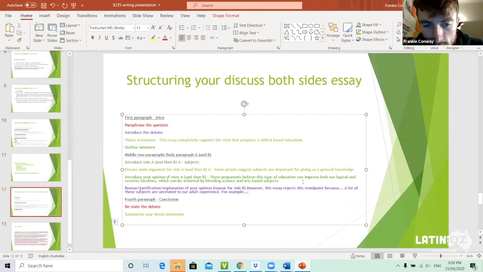But that would be how you do it. So you would acknowledge that argument and suggest why they think that. And then you could, if you wanted, completely reject that. And that would still be supporting that view 100%. Okay.